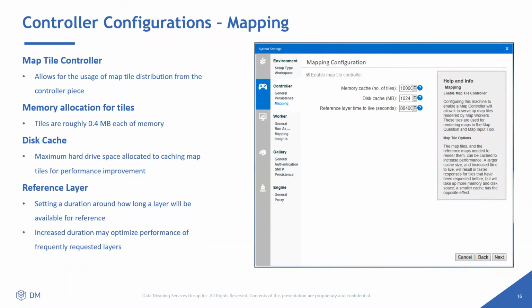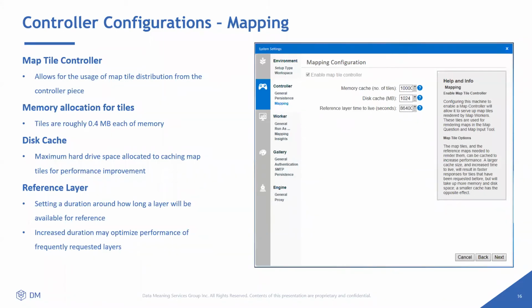Now, the first major thing to keep in mind is you can store any number of cached tiles, and you want to be mindful that each tile is just a little under half a megabyte in terms of RAM that is being used on the machine. So obviously the more tiles that you are caching, the more RAM that's going to be impacted.